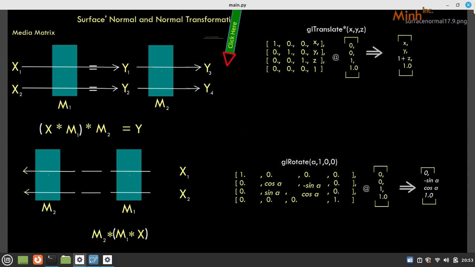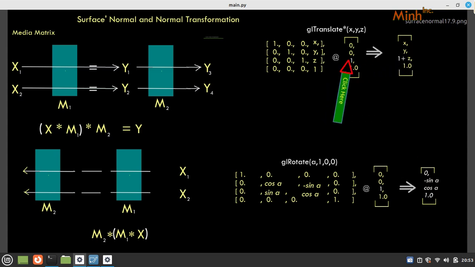Okay, so what we can see now is one example: if I have a coordinate 0, 0, 1 and 1.0, so z is 1, x, y is 0, and if I translate x, y, z, then it will be x, y and 1 plus z. So z is changing.